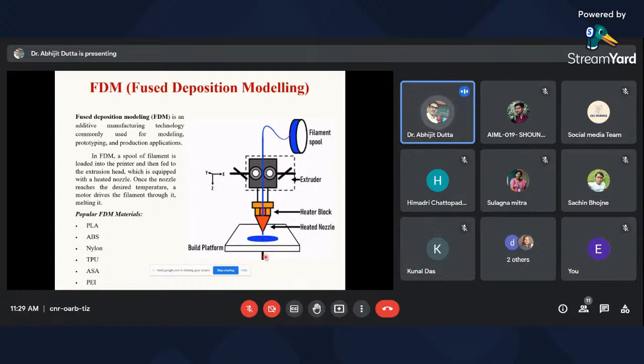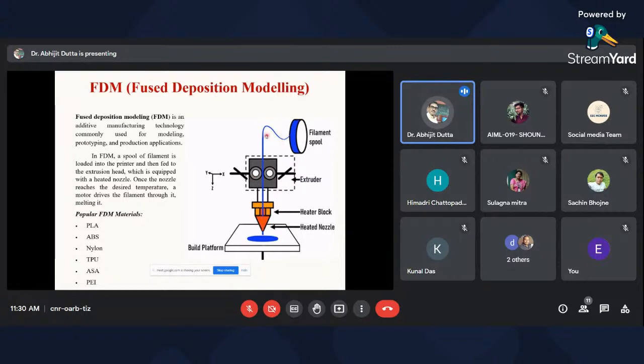So the bed moves up and down, and the build gradually takes place. Layer by layer is deposited over it, and then gradually the height of the object is gained. So this is the process of fused deposition modeling.